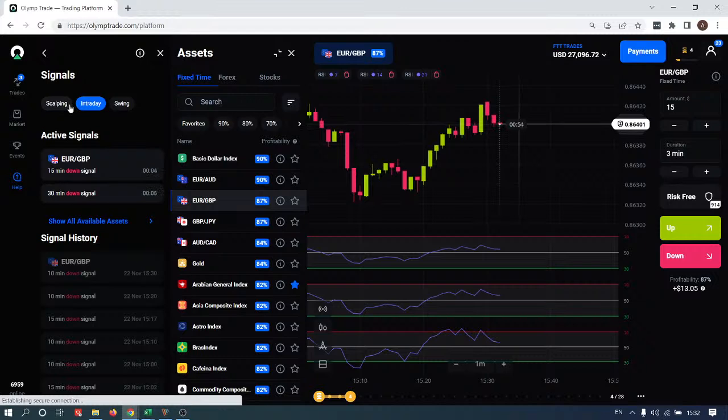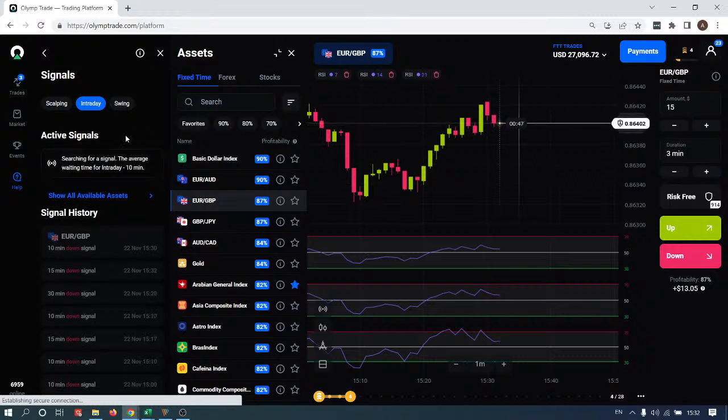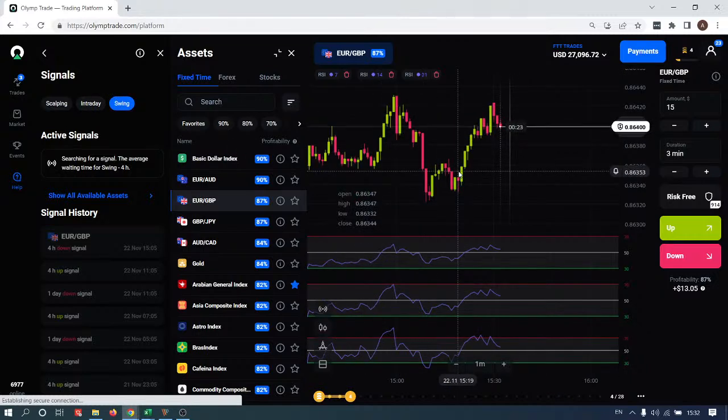Some assets have a higher success rate, or conversion rate into profitable trades, and they also vary between scalping, intraday, and swing. So you have multiple metrics, and I don't think we even measure this down to the exact signal, but let's do it together.